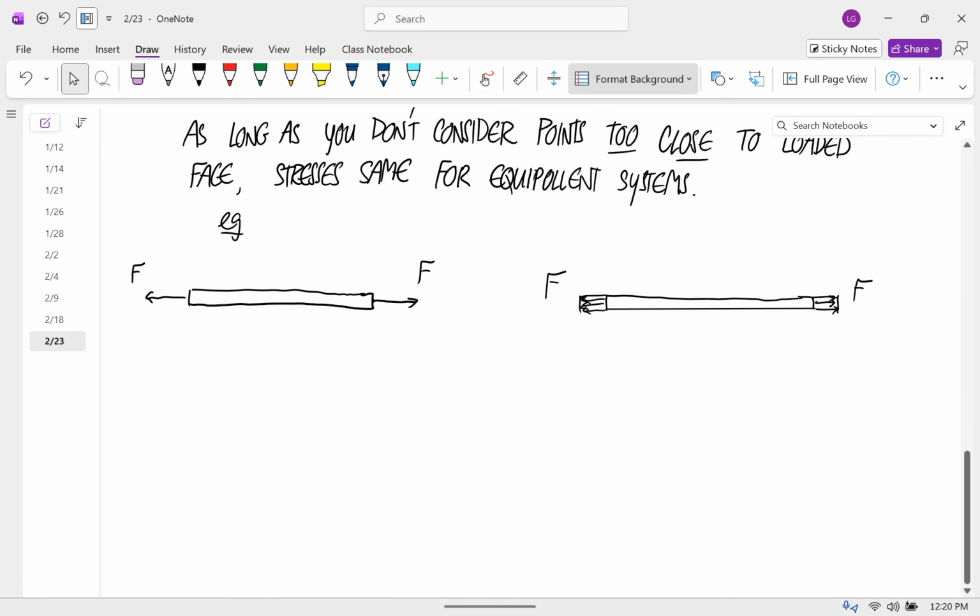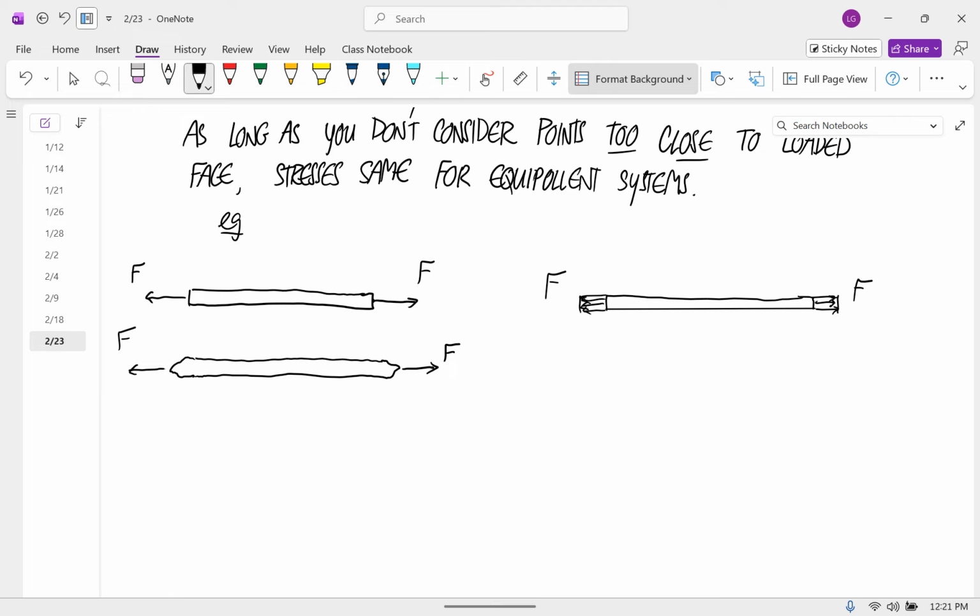So what would happen when you apply these forces? Well, this one, if I exaggerate the deformation, would have an especially big deformation where that point force is applied.